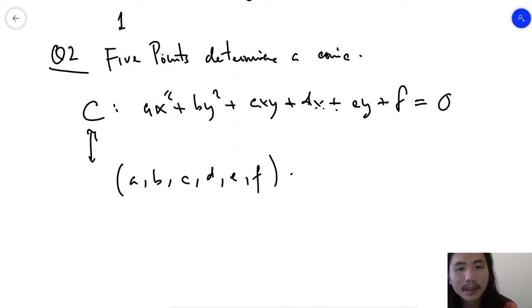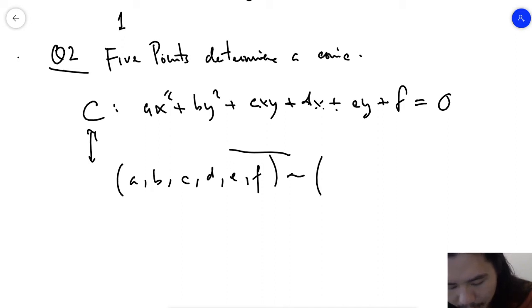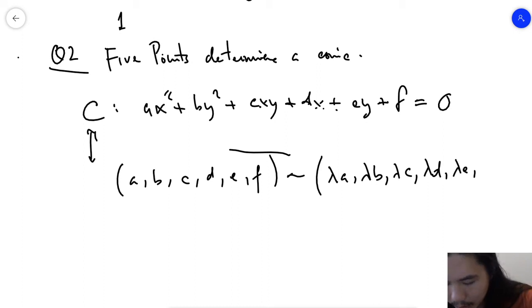Okay, but two tuples can determine the same conic when they are proportional. That means there exists a constant, say lambda, such that the coefficients are just scaled up by lambda non-zero.